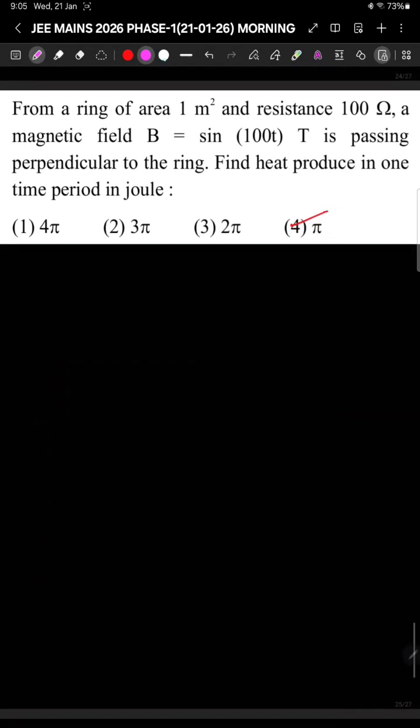This question belongs to a combination of electromagnetic induction and heat. We know whenever there is a change in magnetic field, the induced EMF formula is E equals minus d phi by dt.